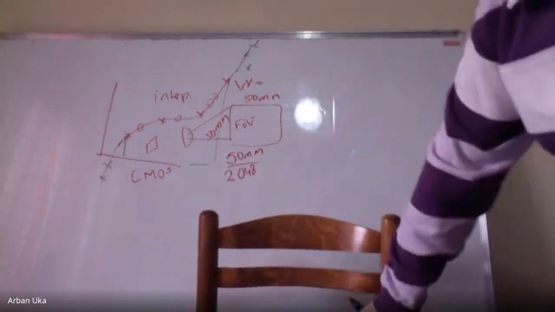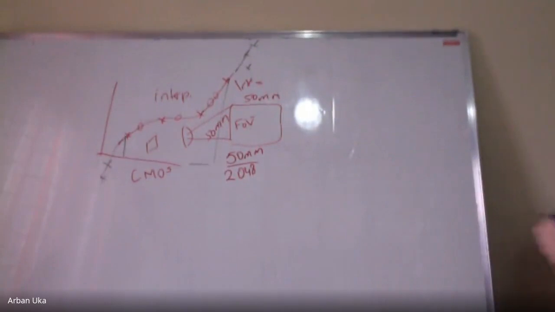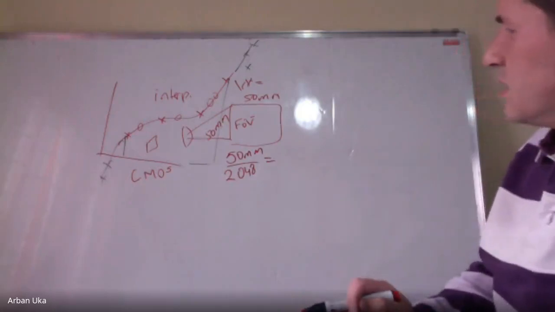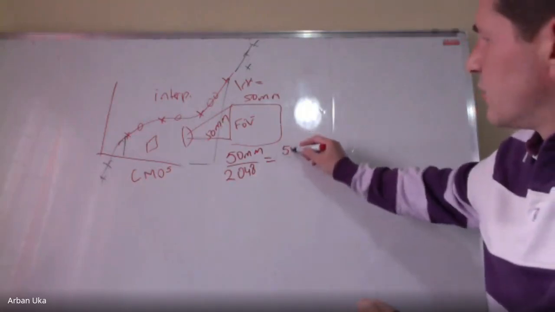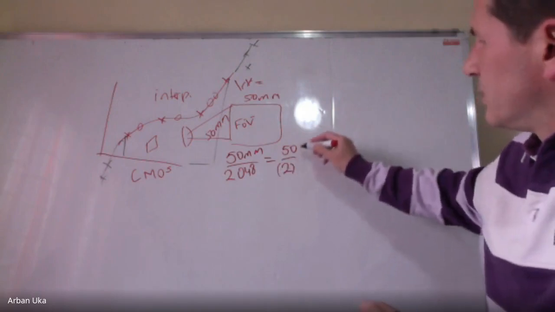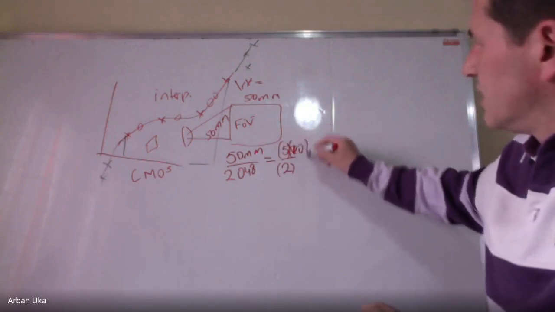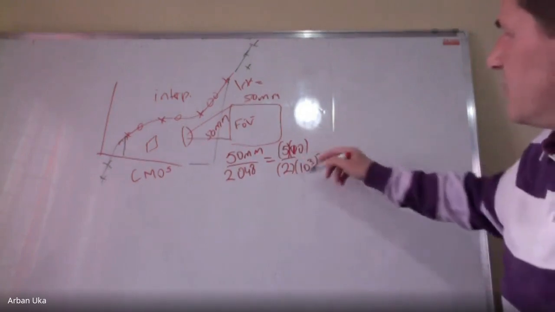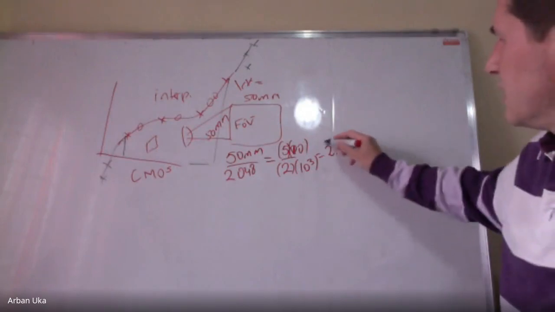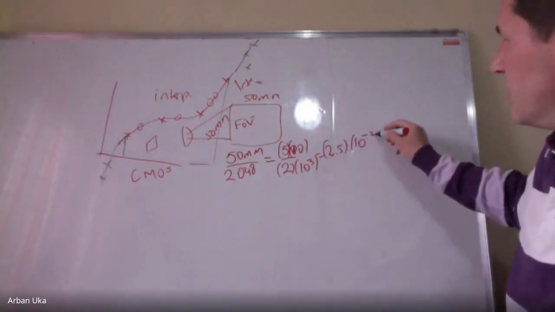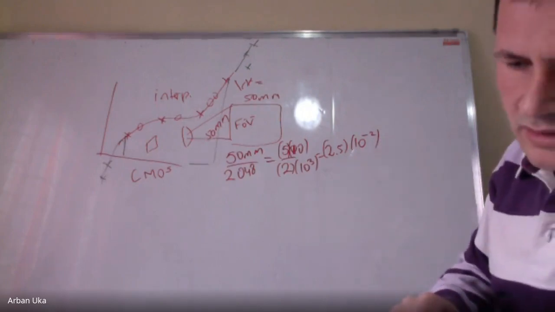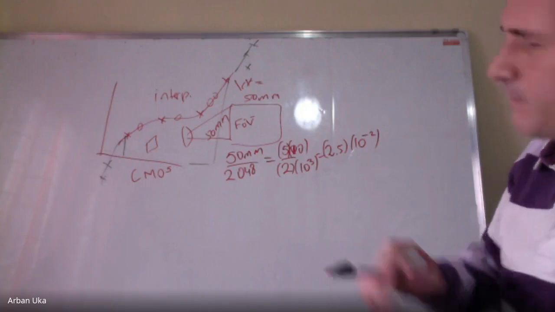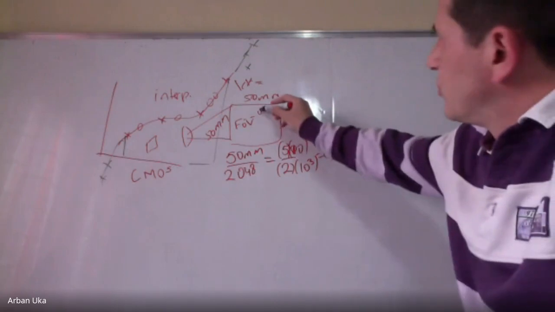So we have a number in the order of 50 divided by 2, times 10 to the power 3, which is 5 divided by 2, that is 2.5 times 10 to the power minus 2. This would be the spatial resolution that we observe between any 2 points in this region.